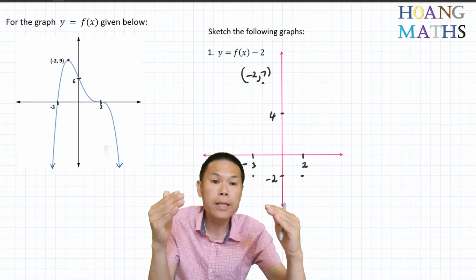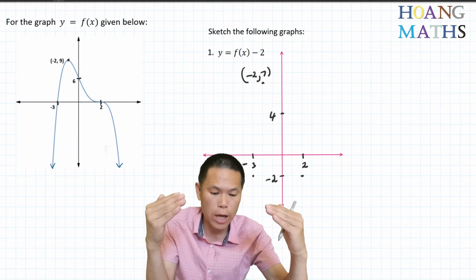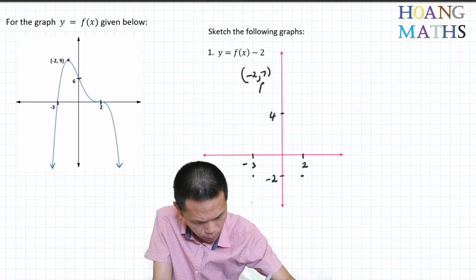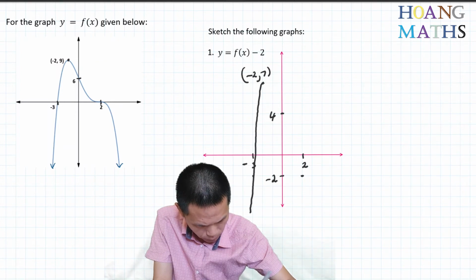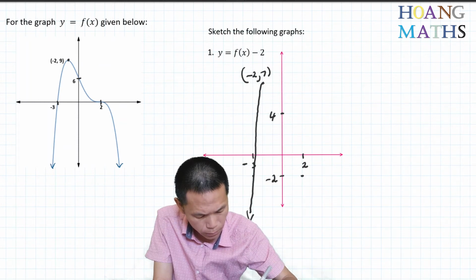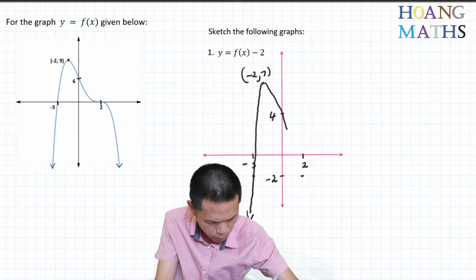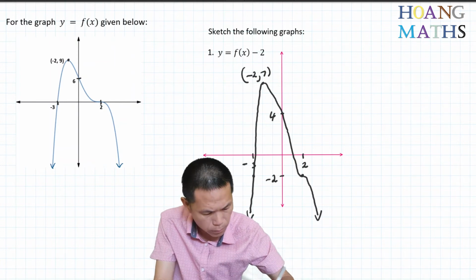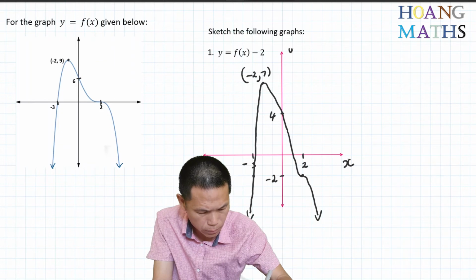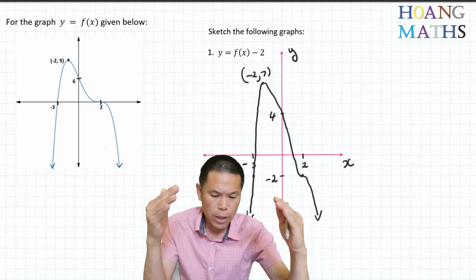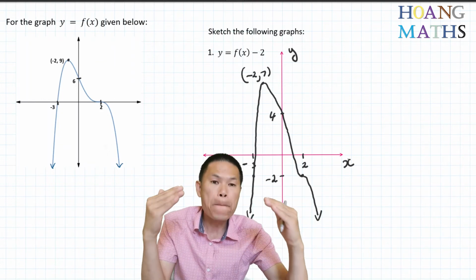So this is it. Now we just join these points together, okay? There you go. This is f of x minus 2.